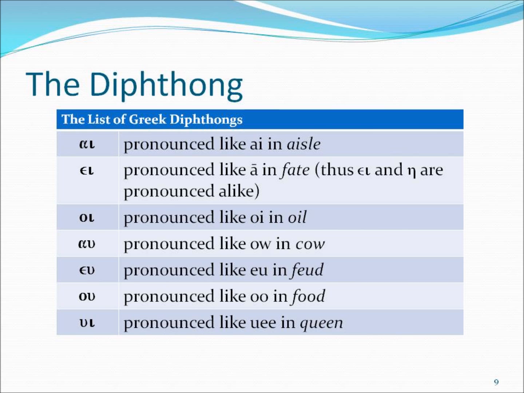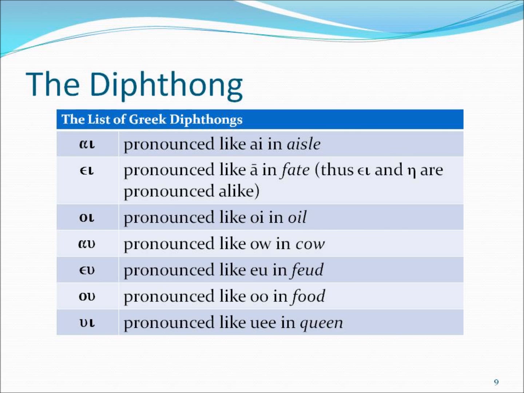Next one is an epsilon upsilon, and it's pronounced like a U, as in feud or fuel. Number 6 is omicron upsilon, and this has the double O sound, as in food, ooh.